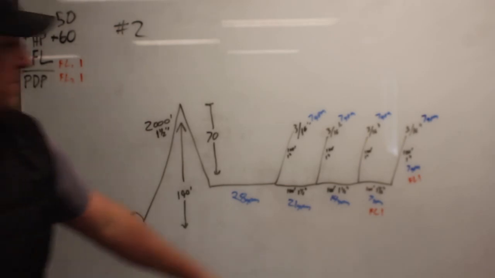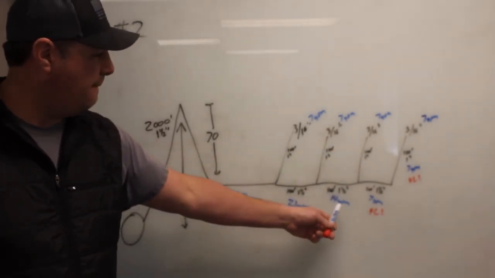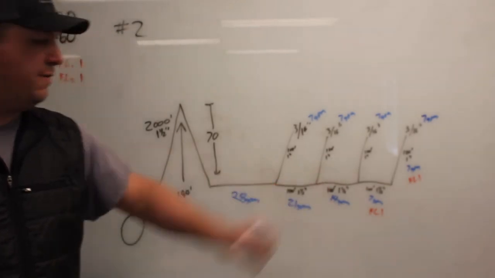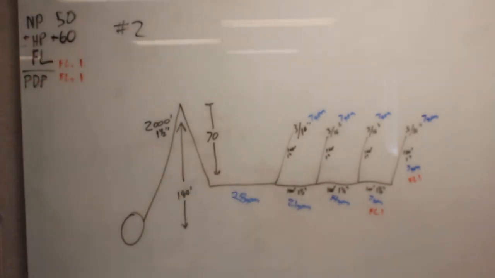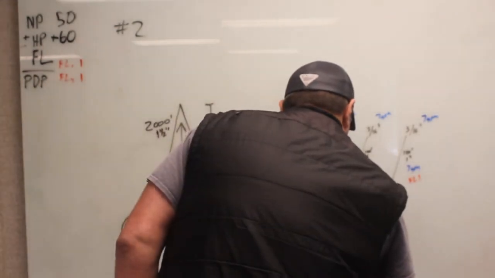All right, so I look at my next piece of hose. I just bring her on back because I don't have to deal with these lats. 14 gallons a minute through 1.5 hose. I put 14 in the bottom of my friction loss calculator, and I look at my 1.5, and it should say 1. Pretty close to 1.